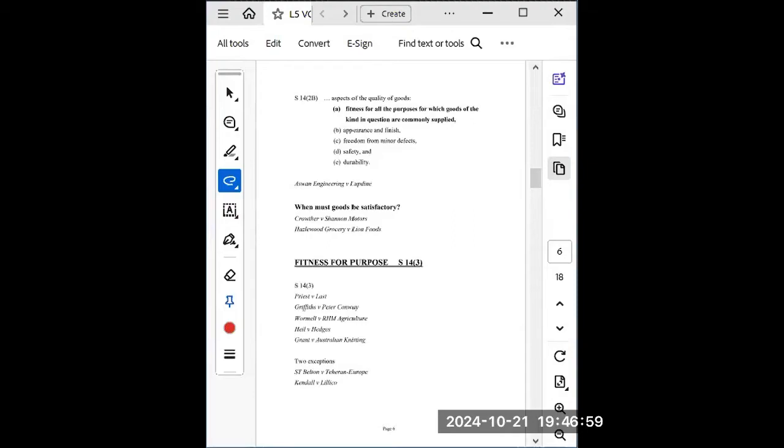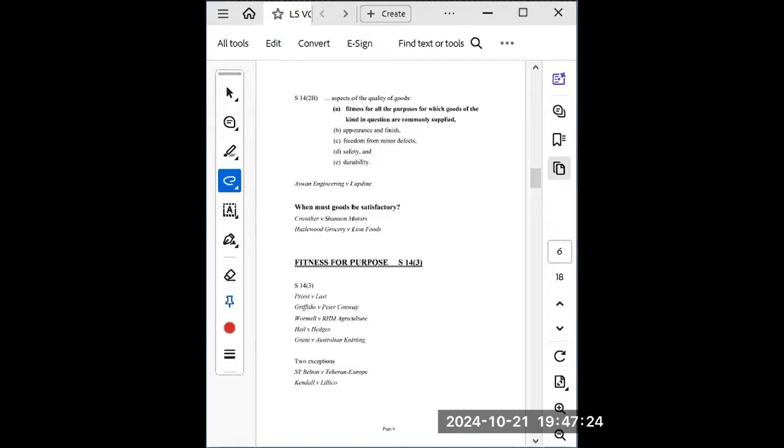Now, there are lots and lots of cases that illustrate that where something is so well known, the seller can assume that everyone knows about it. Example, pork. Everyone knows that pork needs to be cooked more than any other meat.